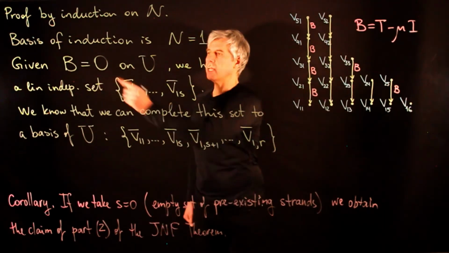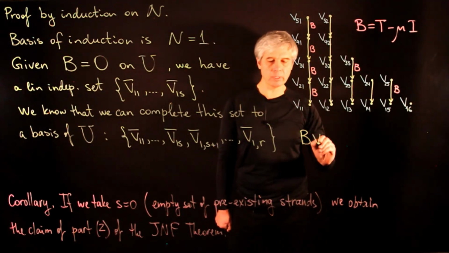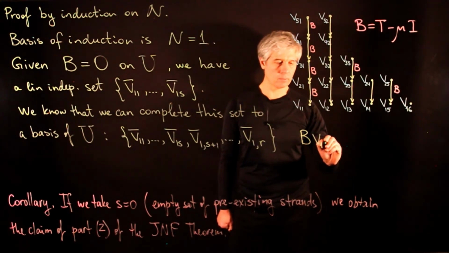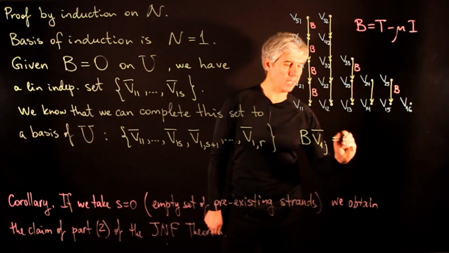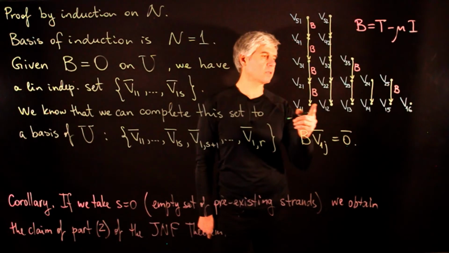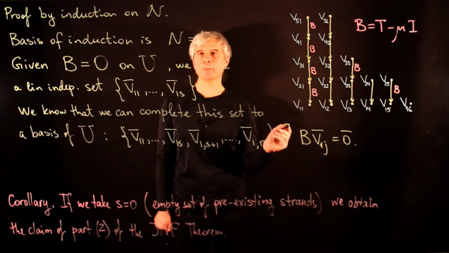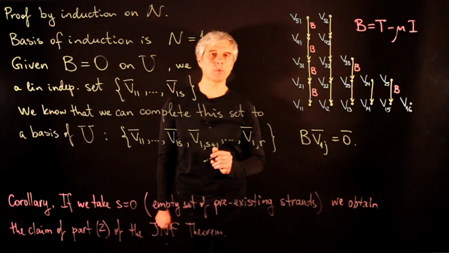Since our operator B is 0 on U, we have that B acting on each of these vectors will give a 0 vector. So this will become the set of strands of length 1. This is precisely what we need to prove in the case when n is equal to 1.